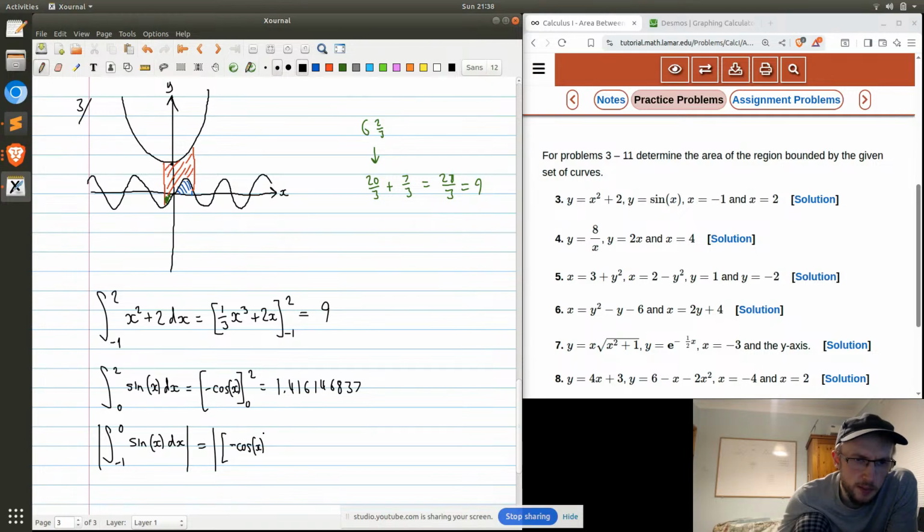It won't make a difference, but so it's these added together, is it not?